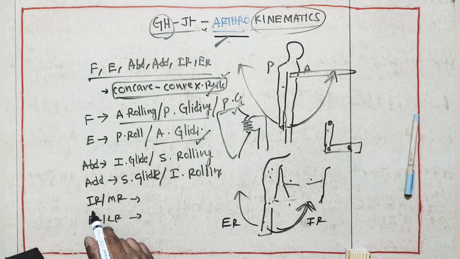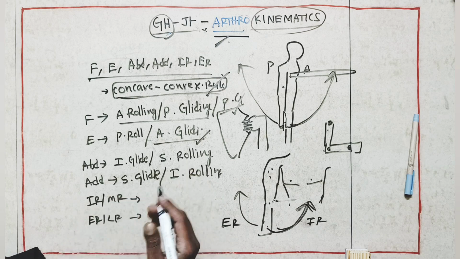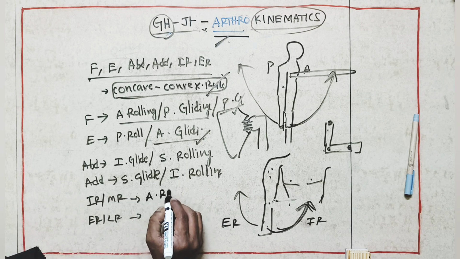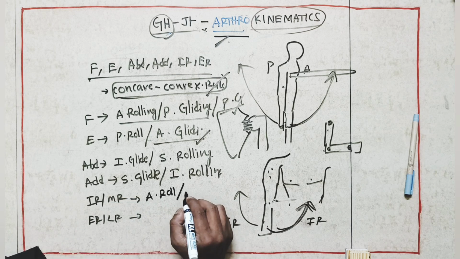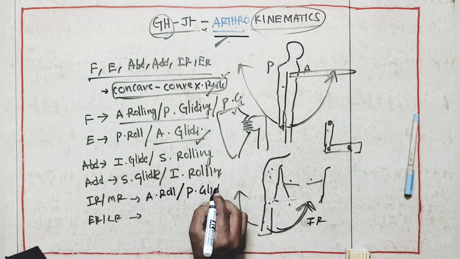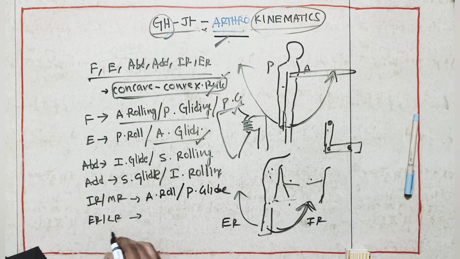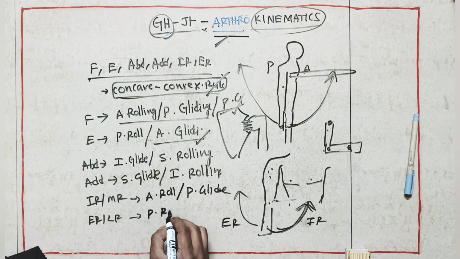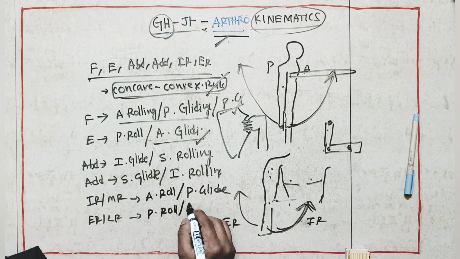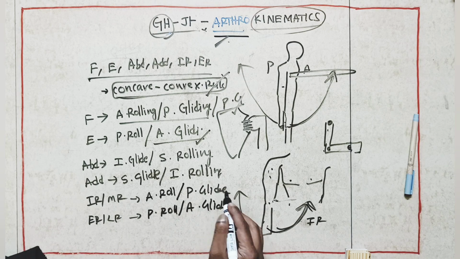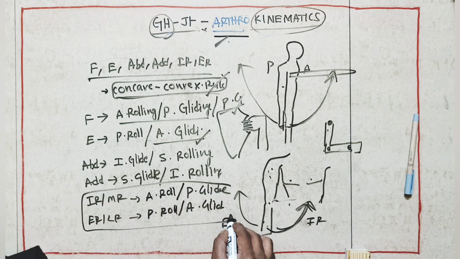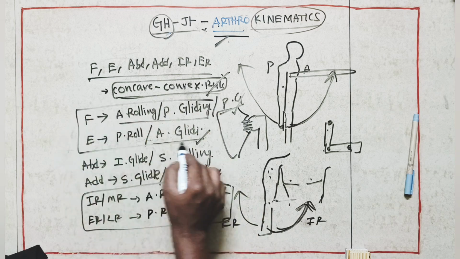While the patient is doing internal rotation, what kind of arthrokinematics happens? Anterior rolling in combination with posterior gliding. While doing external rotation, posterior rolling in combination with anterior gliding. Observe that the arthrokinematics are the same as for flexion and extension.